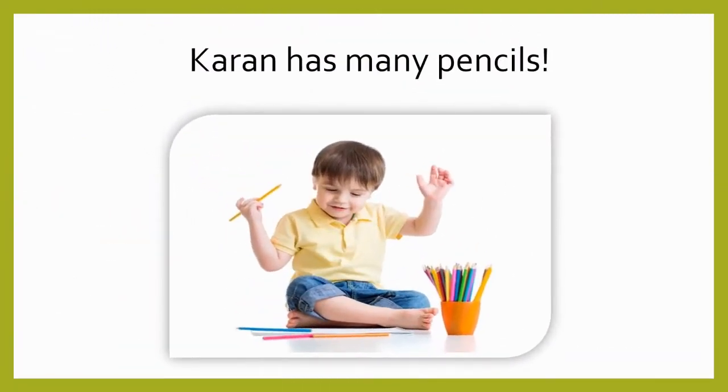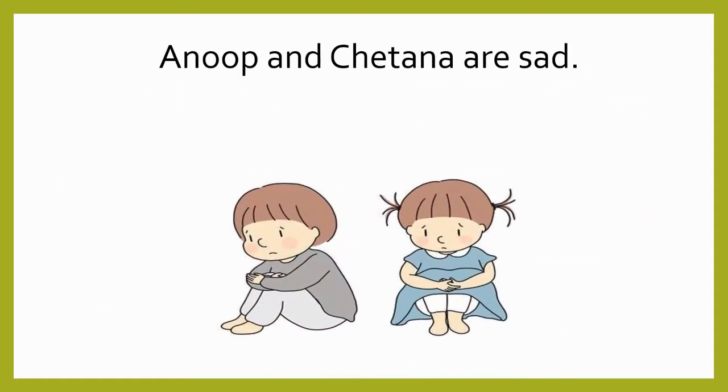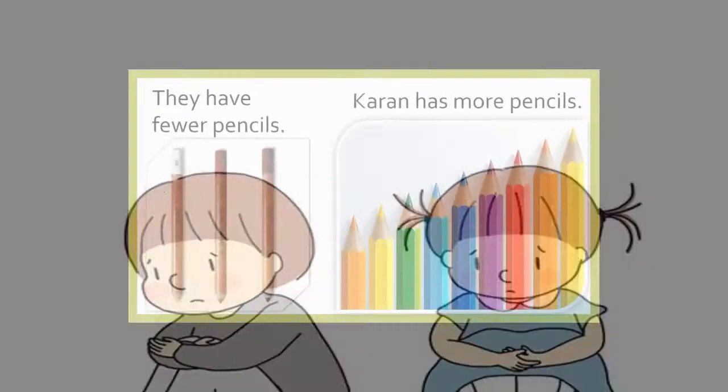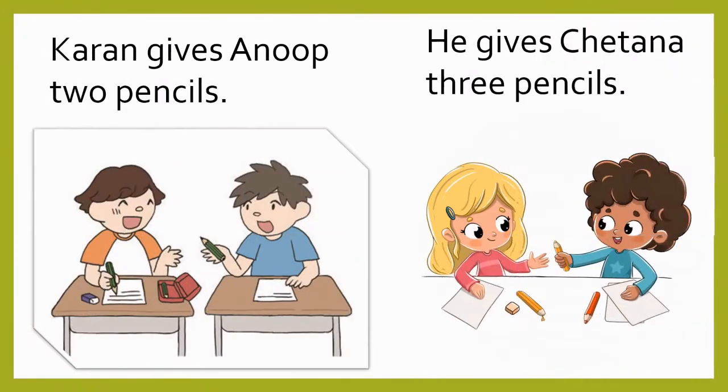Karan has many pencils. Anoop and Chetana are sad. They have fewer pencils. Karan has more pencils. Karan gives Anoop 2 pencils.